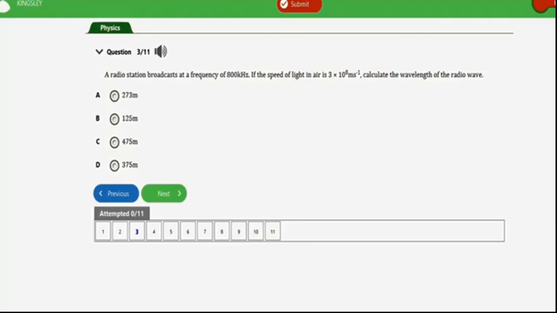So to solve this question, we just apply the conventional formula for finding wave in physics. So we have V equals frequency times wavelength. So the velocity in this question is 3 times 10 to the power 8 equals the frequency, which is 800 kilohertz. Convert it to hertz.